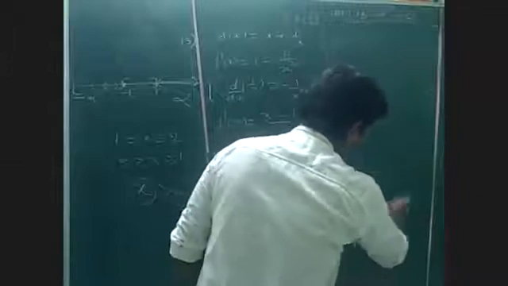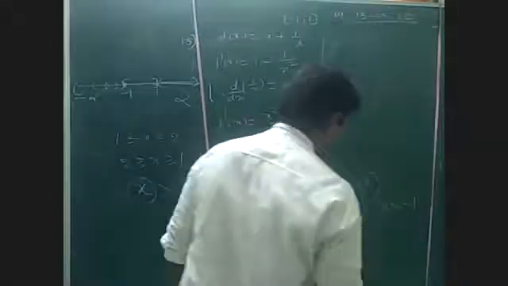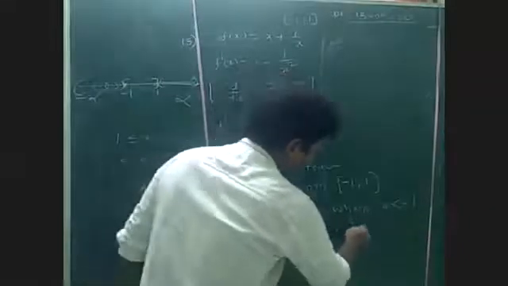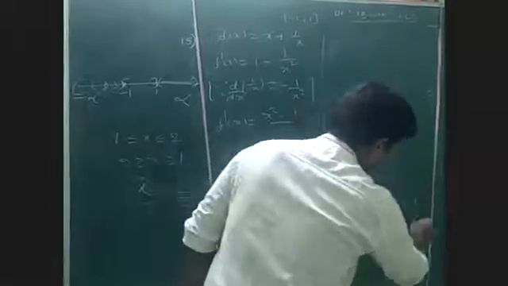F dash of x is greater than 0 when x is less than -1, and f dash of x is greater than 0 when x is greater than 1.